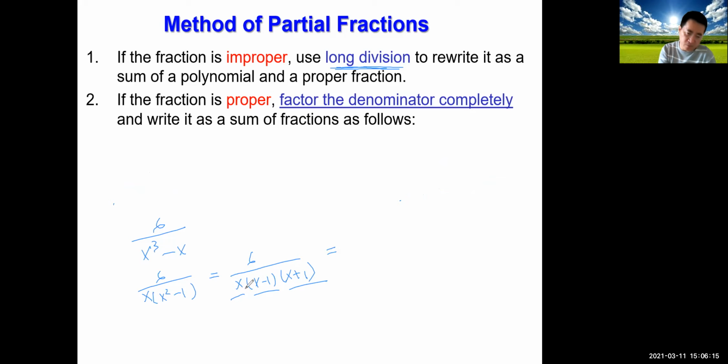Like in this case, you have 3 factors: x, x minus 1, x plus 1. So your partial fraction decomposition here must have 3 denominators.